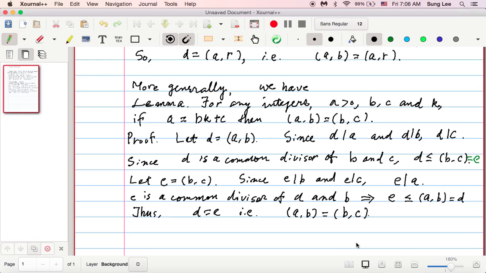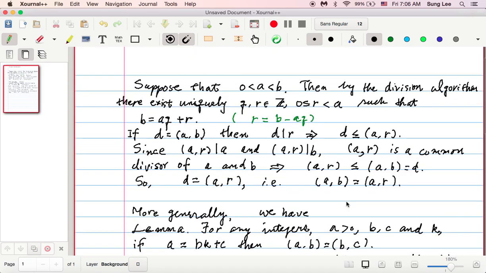Okay, right. So actually, for practical purposes here, what I mean by practical purposes is finding the greatest common divisor. Actually, we don't need this lemma, right?